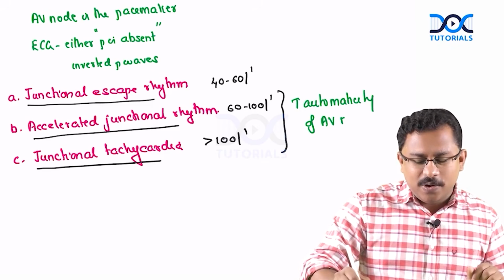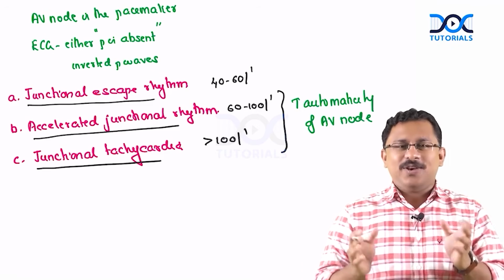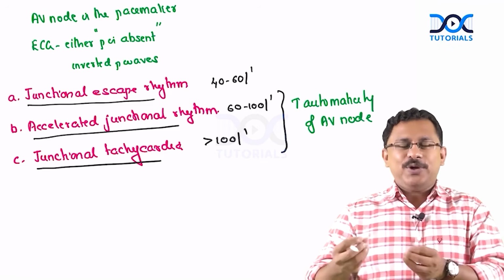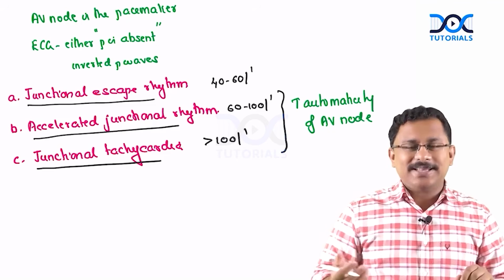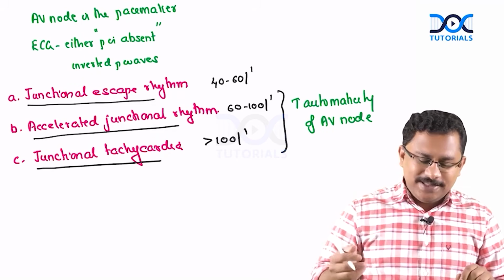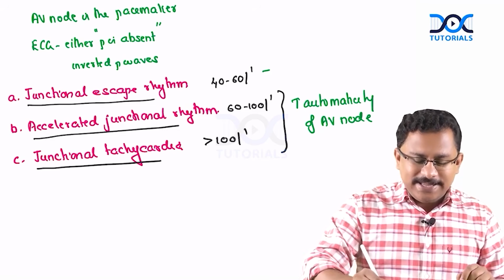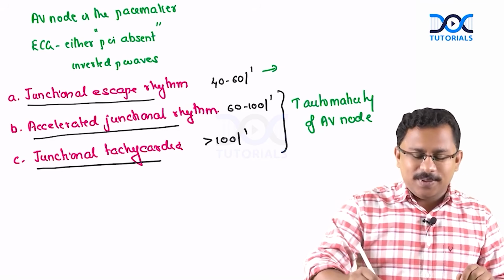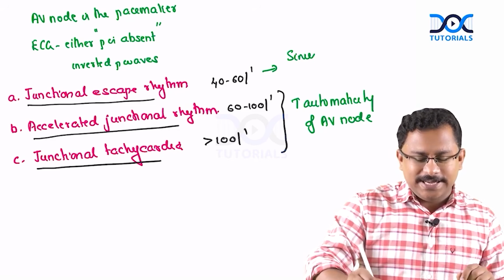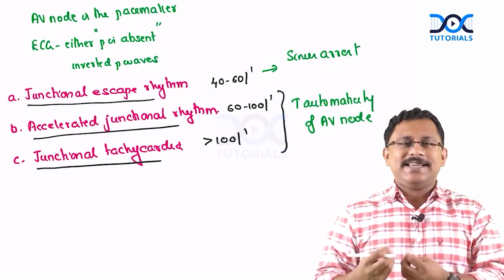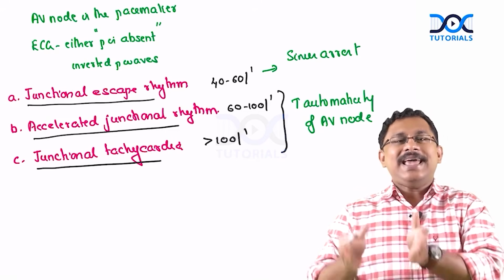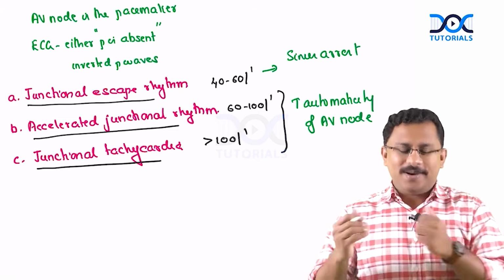Because if it was a normal automaticity of the AV node, it would not have produced a rate like this. In junctional escape rhythm, it's often because of sinus arrest, where the SA node is not functioning as the pacemaker and the AV node takes over.